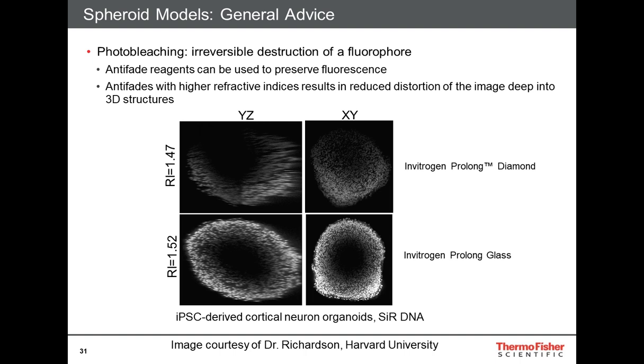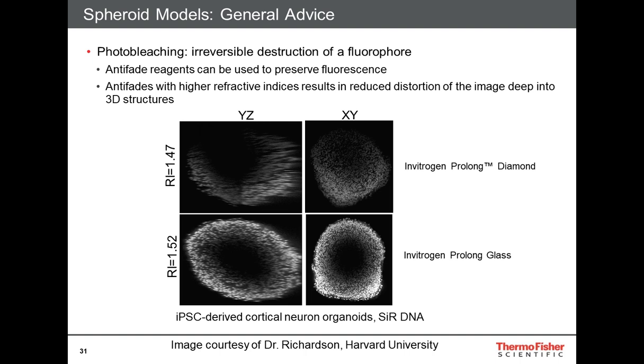A reagent that fits this bill that has existed for several years is Invitrogen ProLong Diamond that provides very valuable anti-fade protection in thin specimens, but for thicker specimens such as spheroids or these cortical neuron organoids, we need something new called the Invitrogen ProLong Glass.